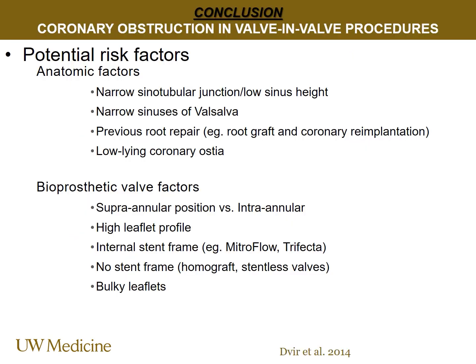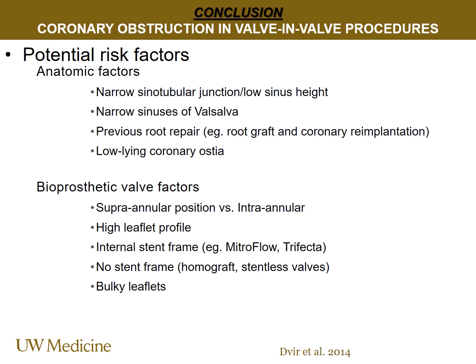So in conclusion, coronary obstruction in valve-in-valve procedures is something that still is very significant and important to think about. The anatomical factors are a narrow STJ or a low sinus height, basically narrow sinuses of Valsalva, previous root repair, and low-lying coronary ostium.